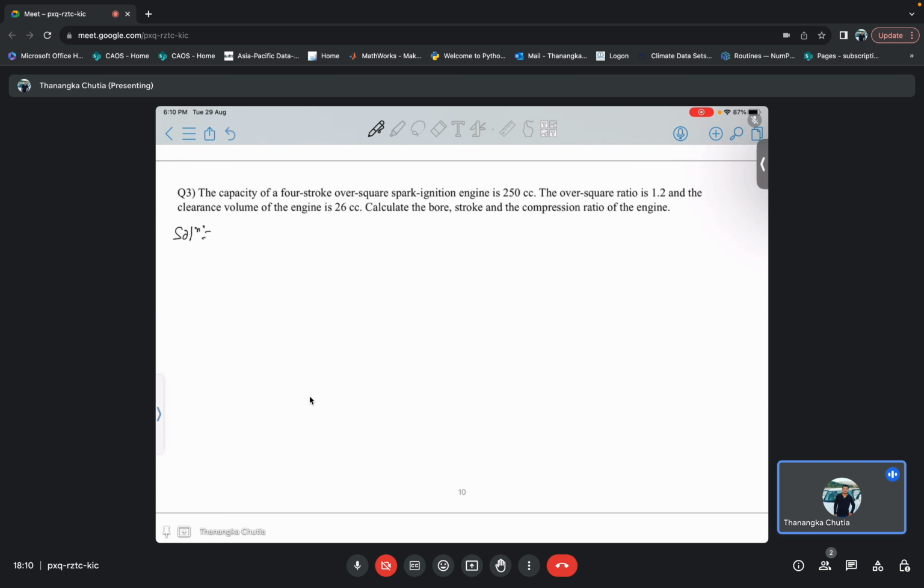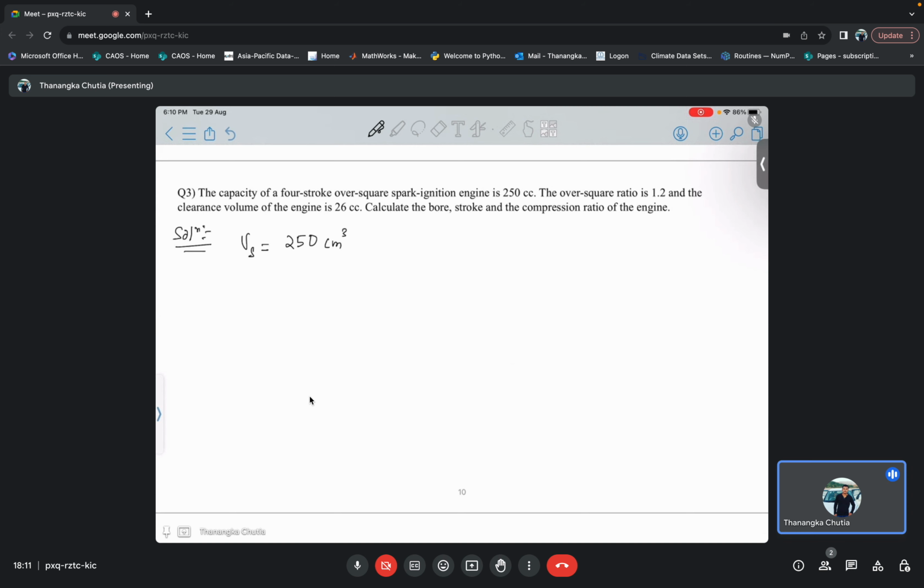Once again a simple question. The capacity of a 4-stroke engine is telling us Vs is equal to 250 centimeter cube. This is the swept capacity, and it's a 1-cylinder engine.